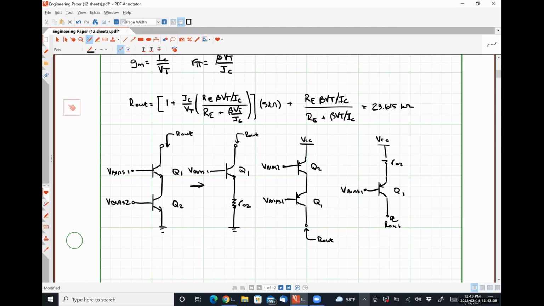to the emitter of Q1 while consuming a headroom that is independent of the current IC1, or our collector currents, okay?